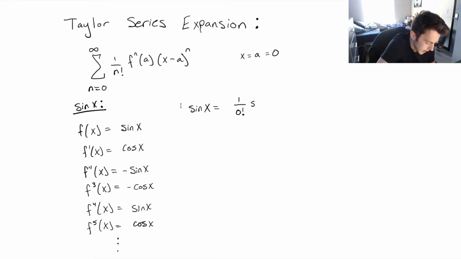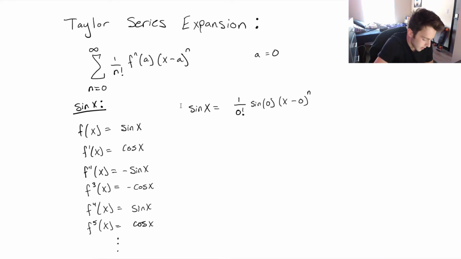So it'll be sine of 0, since this is centered at 0, and then this will be x minus 0 to the power of n. And just a quick correction, actually. This should not say x is equal to a. This should just say a is equal to 0. That's what we're centered at.